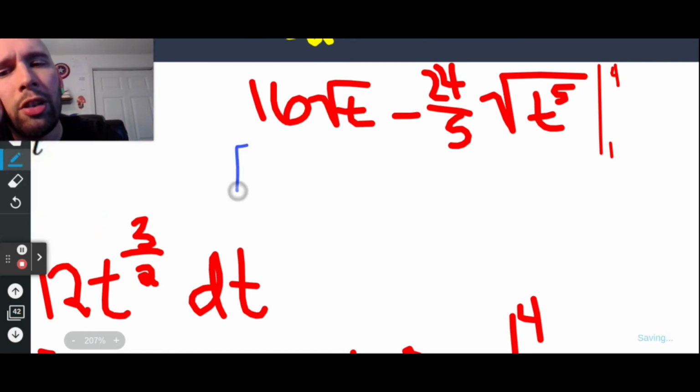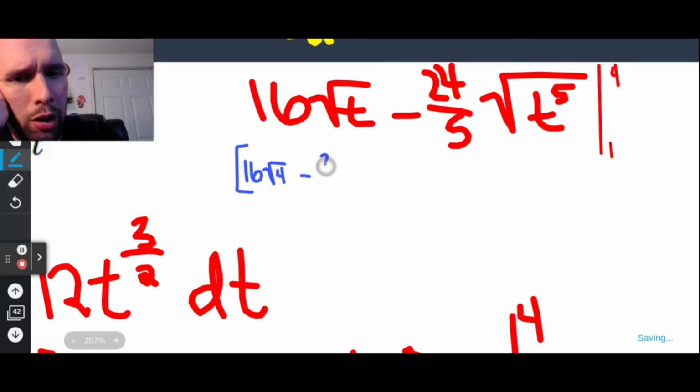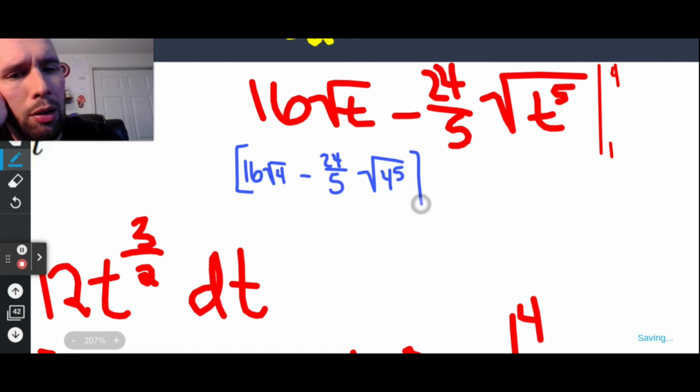I'm going to have 16 times the square root of 4 minus 24 fifths times the square root of 4 to the 5th, minus 16 times the square root of 1 minus 24 fifths times the square root of 1 to the 5th.